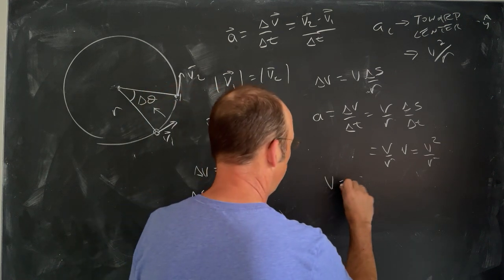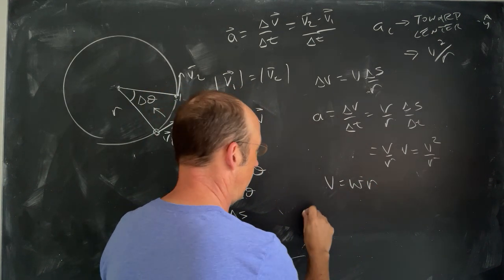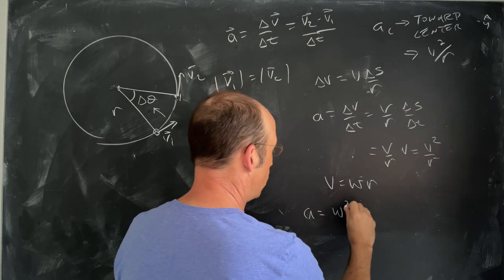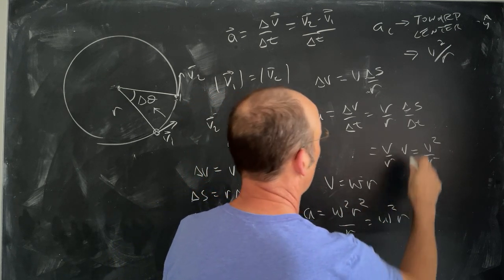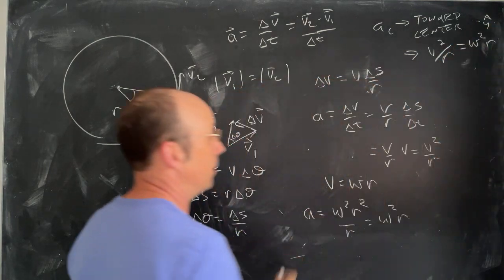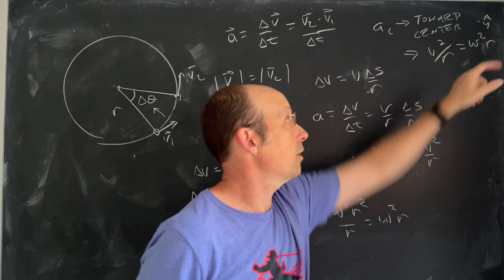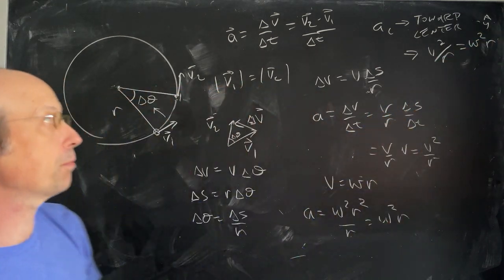So if I put that in for v squared, I get a is going to be omega squared r squared over r, which is omega squared r. So this is equal to omega squared r. They're the same thing. And just check the units on that. So this is going to be radians squared per second squared times meters. Does give me meters per second squared.